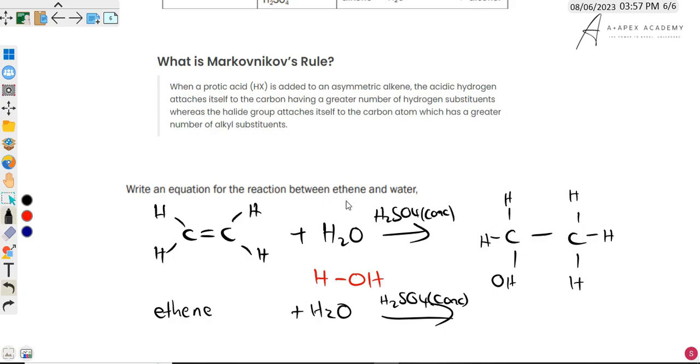Since it's 2 carbon atoms, it has to be eth, but it's ethanol, right? But we can't just say ethanol. We need to also identify or show the position of the hydroxide. So it becomes ethan-1-ol, right? But it's the same thing as if you say ethanol, because whether or not you put the hydroxide on this carbon or that carbon, it gives you the same thing.